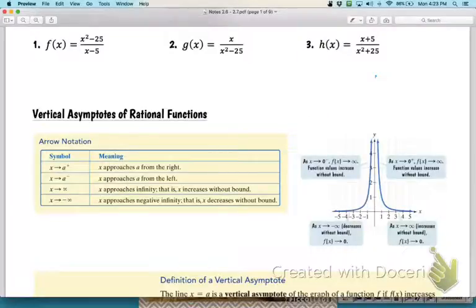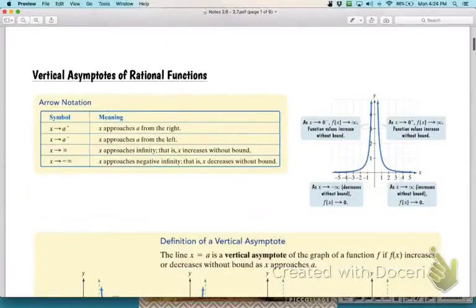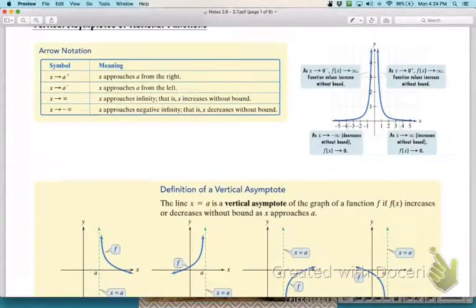So the first one is the vertical asymptotes. These are pretty easy. Now, this is just some notation on here of how to read these symbols. We won't use these a whole lot. But this symbol here, x approaches a plus, means I look at a coming from the positive direction. So if I say that x approaches a plus, that means x approaches a from the right.